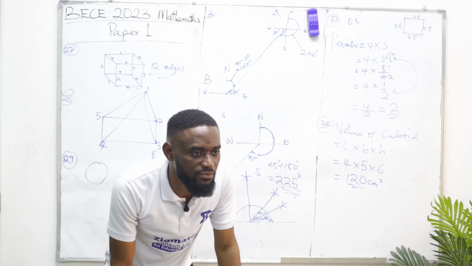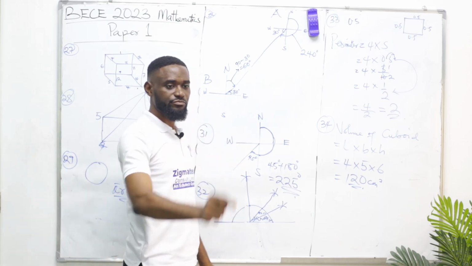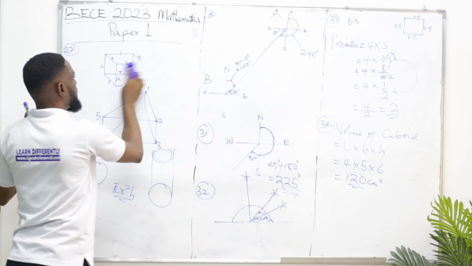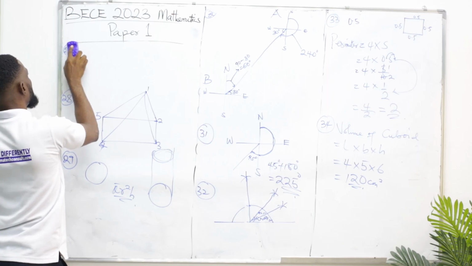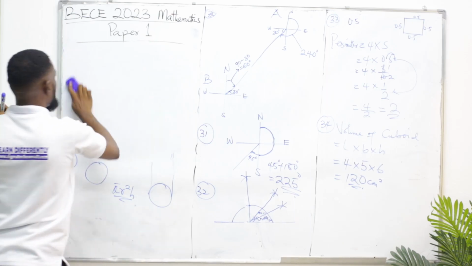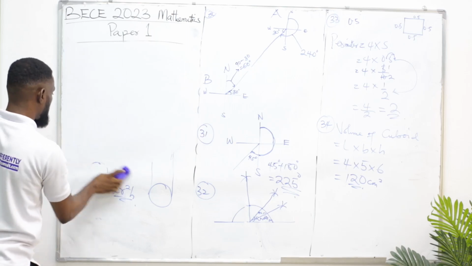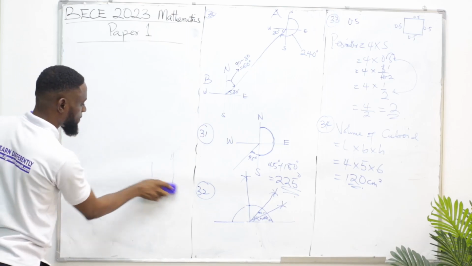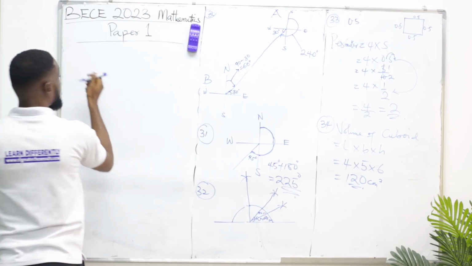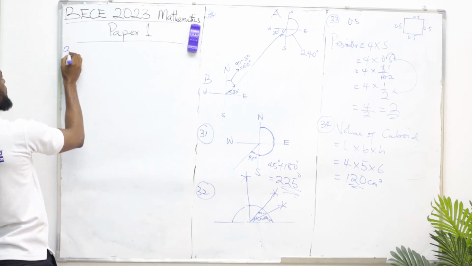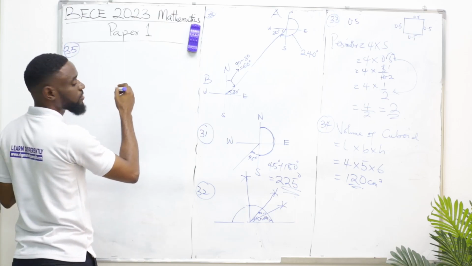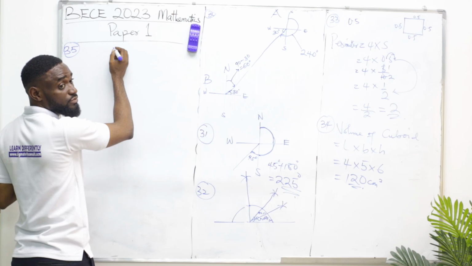We'll go to 35. All right, look at these. We have this structure. It's better I draw it in a place where you can see very well. 35. All right, so 35, we have 2 perpendicular lines, 2 straight lines.